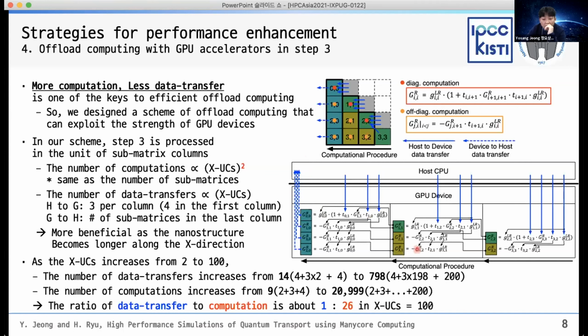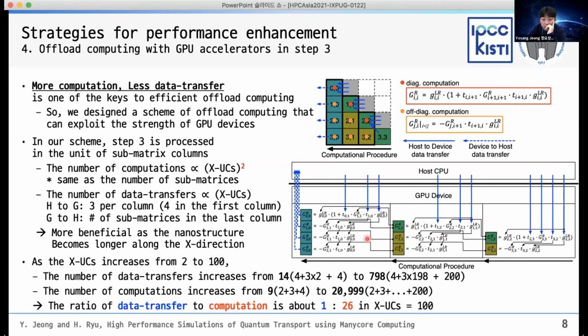Here, the number of computations in the GPU is proportional to XUC square, because the number of computations is the same as the number of submatrices, like this orange dot. But the number of data transfers between host and GPU is proportional to XUCs, just XUCs, because the number of data transfers from host to GPU is only 3 or 4 per column.